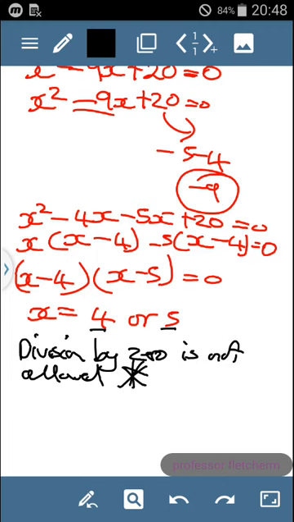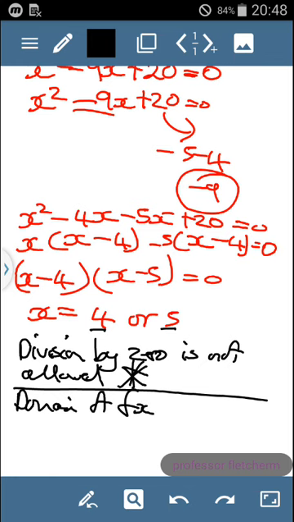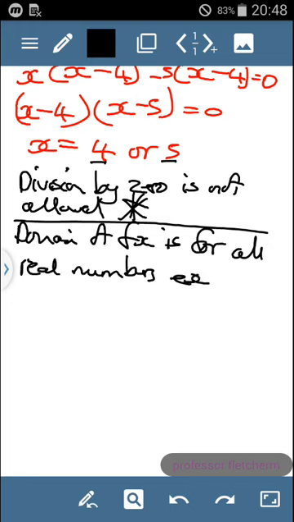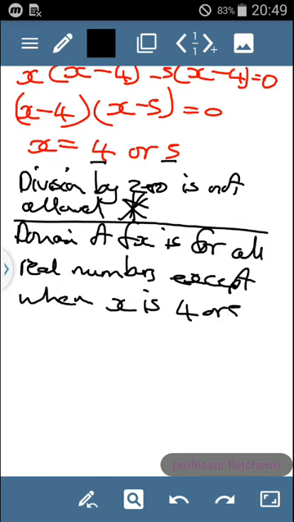So the domain of our f of x, which is the one we're calculating, is all real numbers except when x is 4 or 5.